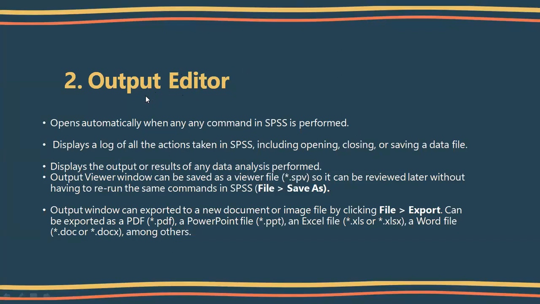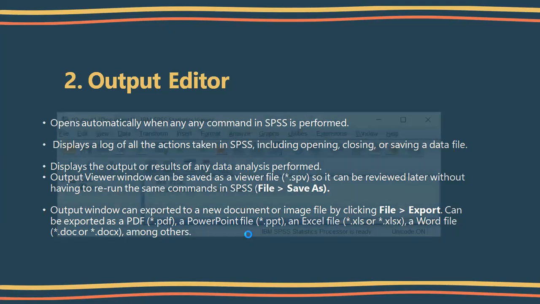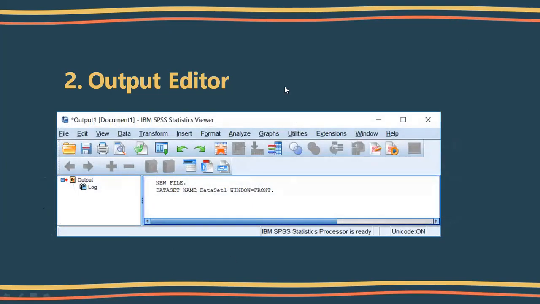You can save the output file, but you cannot share it with friends who do not have SPSS, because they cannot open it without SPSS. In that case, you simply export the output file. You can save it as a PDF or a PowerPoint file and send it over to your friend. Now, this is how the output editor looks.